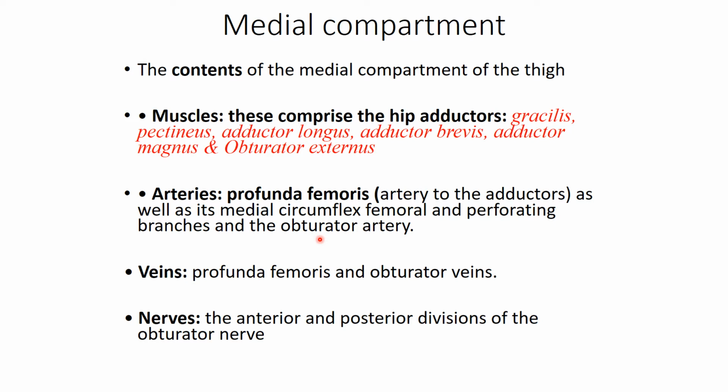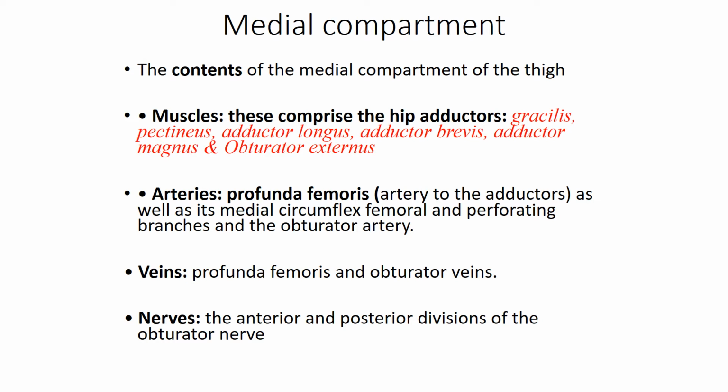So the main supply is the profunda femoris artery, and the vessels to these adductor muscles, known as the artery to the adductors. Generally, it arises from the first perforating artery. Also, the supply is assisted by the medial circumflex femoral and other perforating branches.